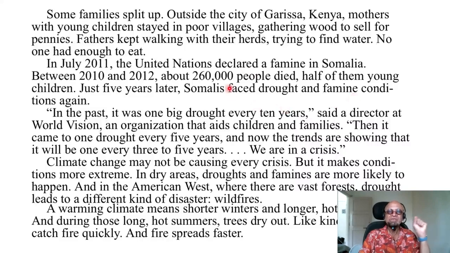That's heart-wrenching. Just 5 years later, Somalia faced drought and famine conditions again. In the past, it was one big drought every 10 years, said a director at World Vision, an organization that aids children and families. He said then it came to one drought every 5 years, and now the trends are showing that it will be one every 3 to 5 years.